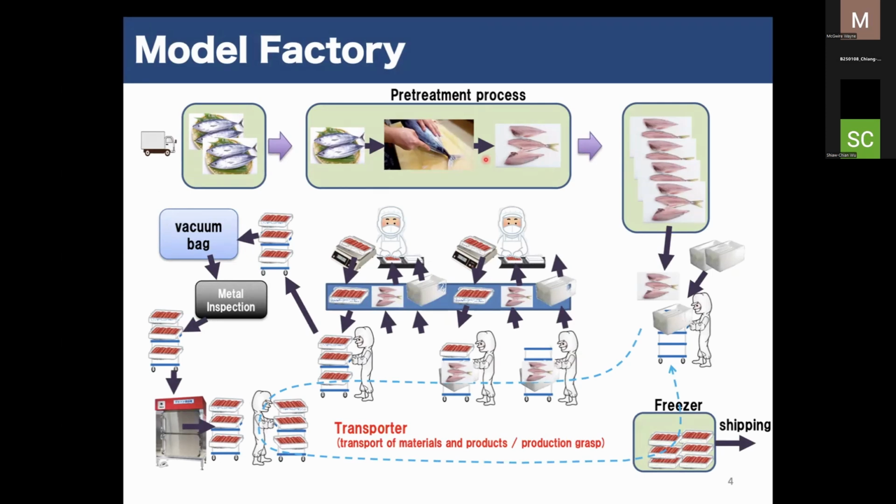Approved products move forward through vacuum sealing, followed by metal detection, and then freezing and shipment. So our system is integrated right after the slicing and placement stage, providing immediate size validation before any additional processing occurs.